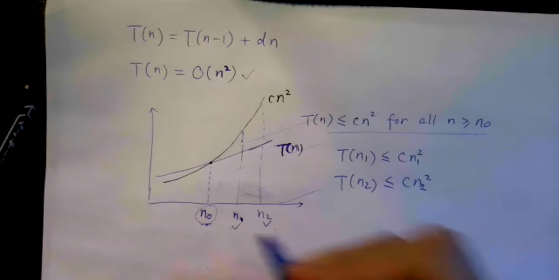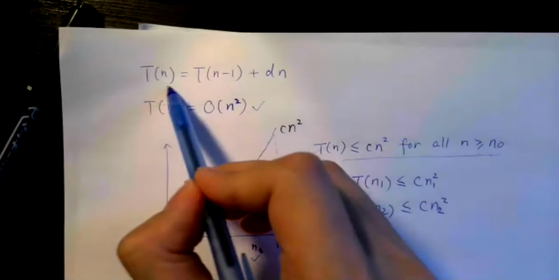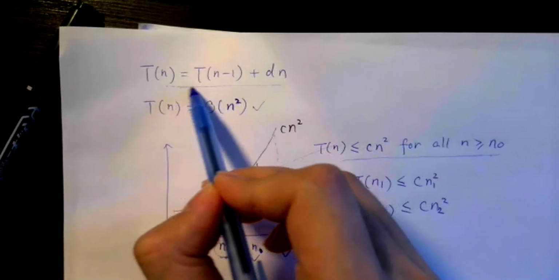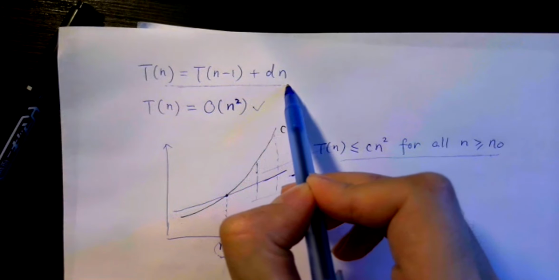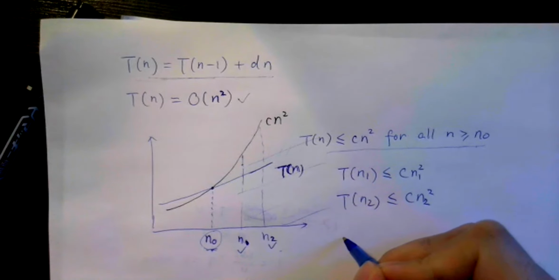The way we choose n1 and n2 is to use the original form of the recurrence equation.